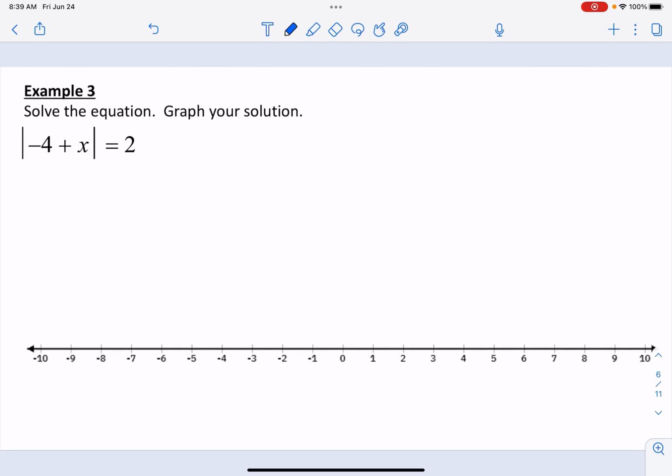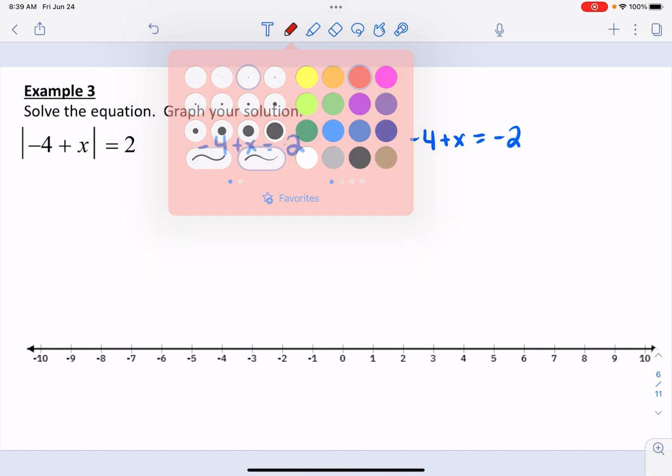Okay, next example, graphing the solution. So, again, you set up two equations. My absolute value sign is isolated. So I have -4 plus x equals 2, and -4 plus x equals -2. Now we solve these equations.